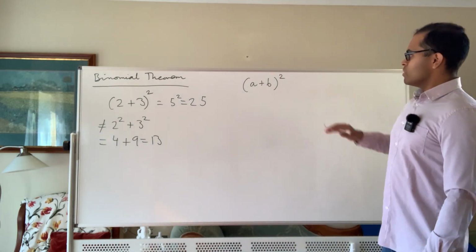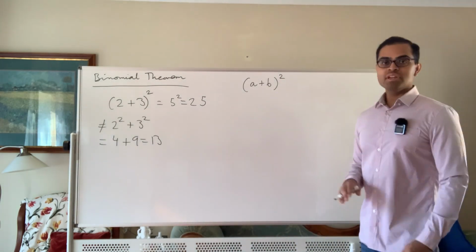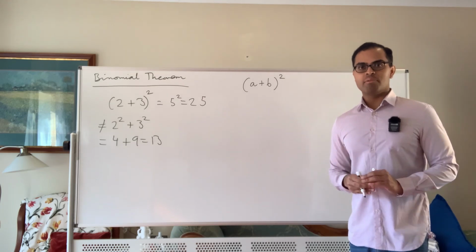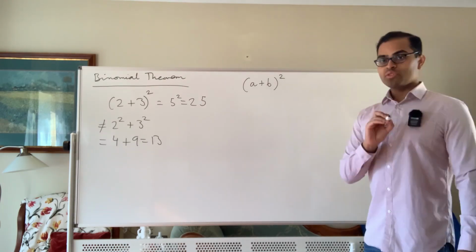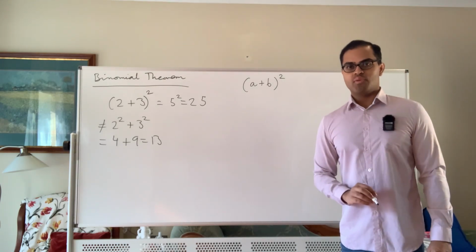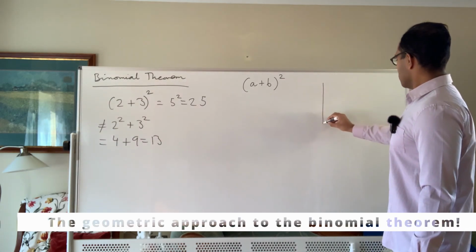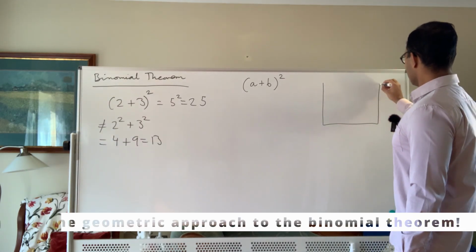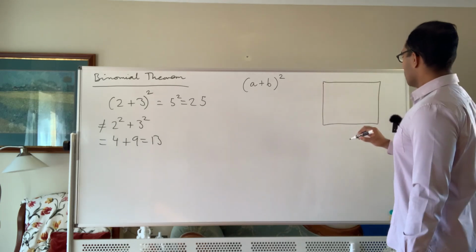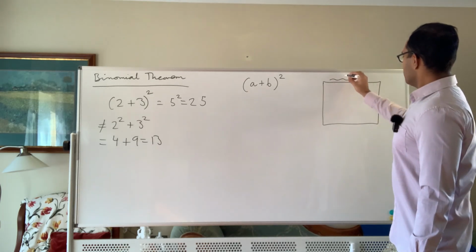But what we're going to do is start off by thinking about this geometrically, which is a way I really like to think about it. We're going to draw a square and find the area of that square. Okay, so that's going to be the way we'll do this. So here I'm going to draw a square, and there are going to be two side lengths.